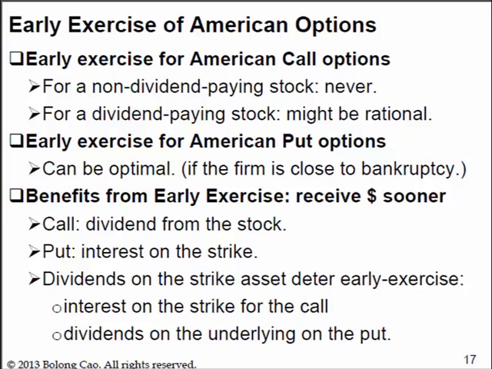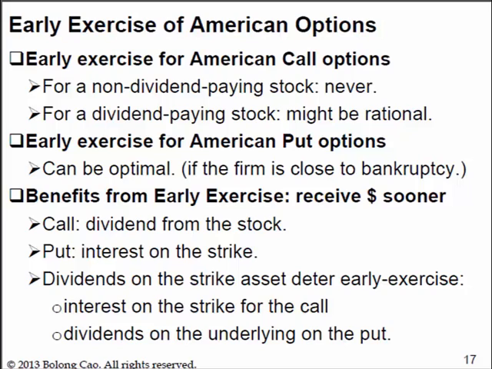Think about it if you have a put. If this dividend on the underlying is paid out, then the underlying stock price will fall even lower. That gives you higher intrinsic value instantaneously after the ex-dividend date. The intrinsic value of your put option will be higher just because the stock price has been lowered by the dividend payout.